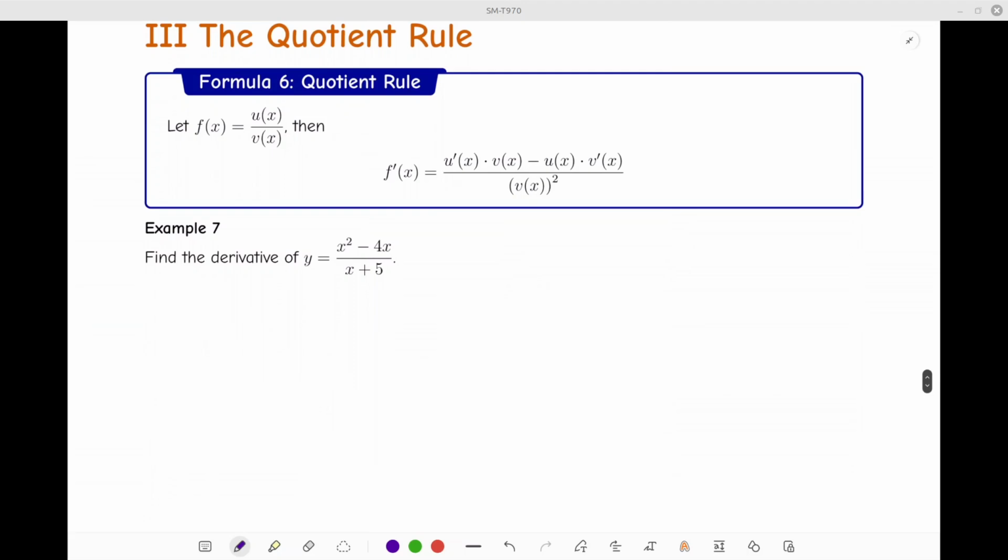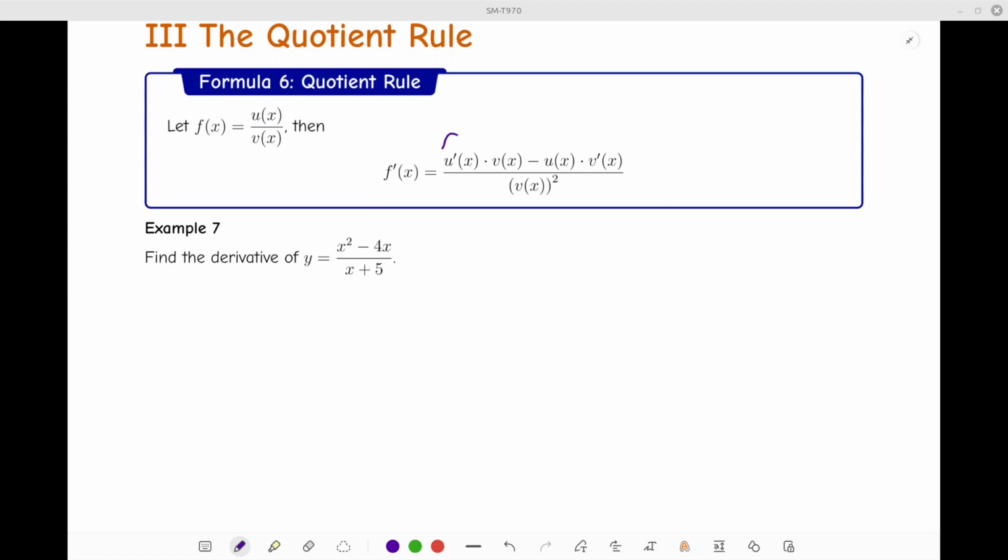The quotient rule. So now instead of f of x being the product of two functions, it is the quotient of two functions, u of x over v of x. And then f prime of x is the derivative of the first times the second, minus the first times the derivative of the second.